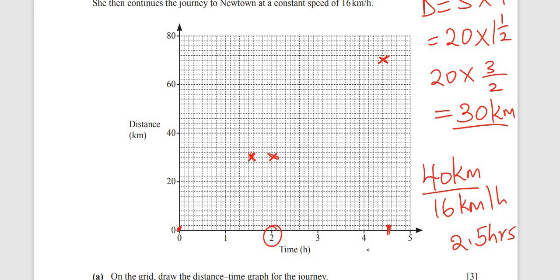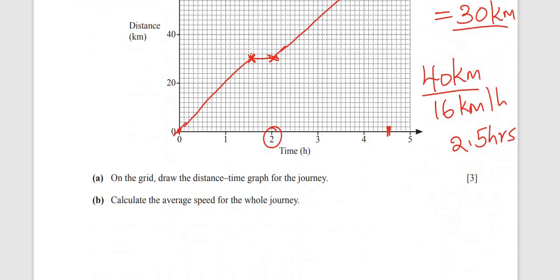At that point, now we just need to join the points using straight lines. I'm not able to draw a very straight line, but it should be a straight line like this. And then we have to join this to that point like that. So that is the distance time graph for her journey from Midville to Newtown.